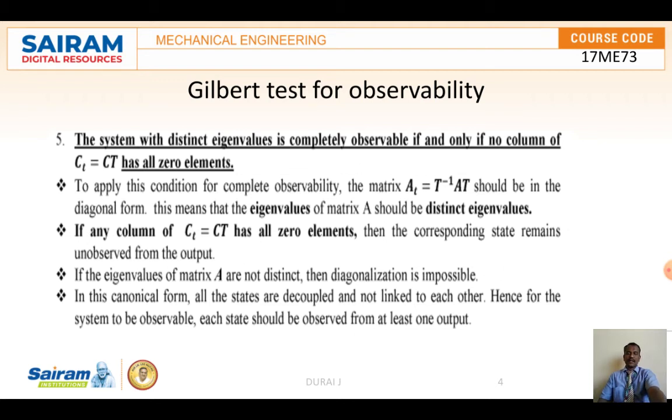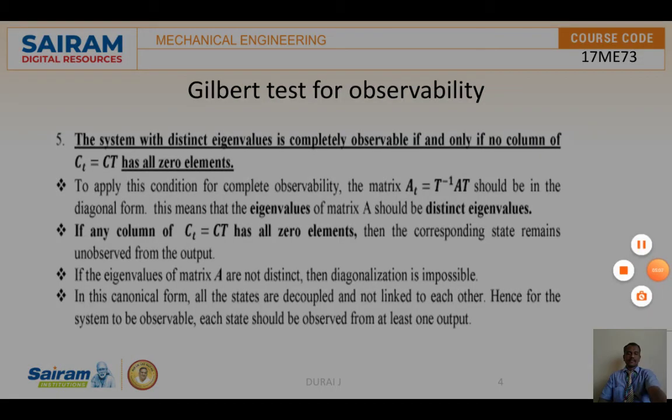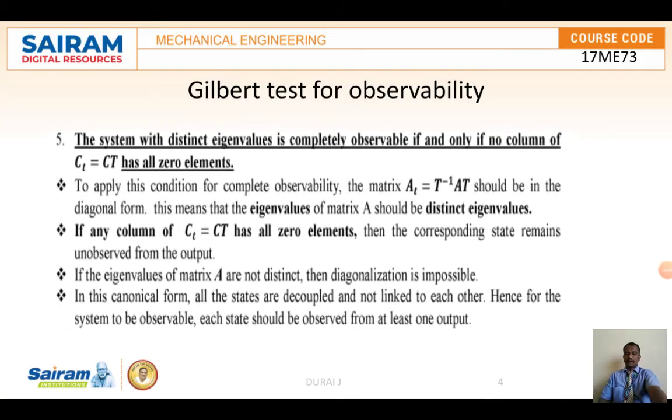Then if the eigenvalues of matrix A are not distinct, then diagonalization is impossible. Okay, then the last one: in this canonical form all the states are decoupled, or not linked to each other.